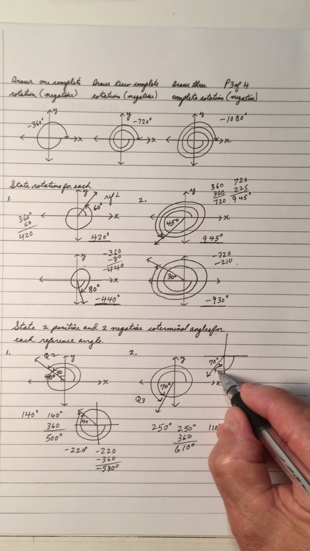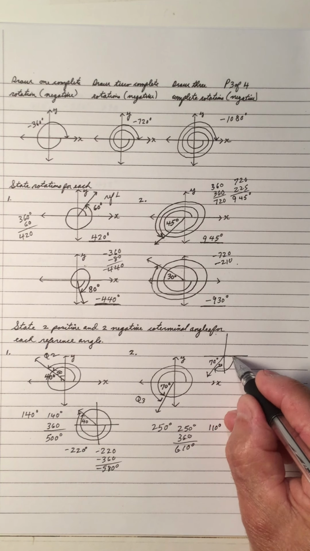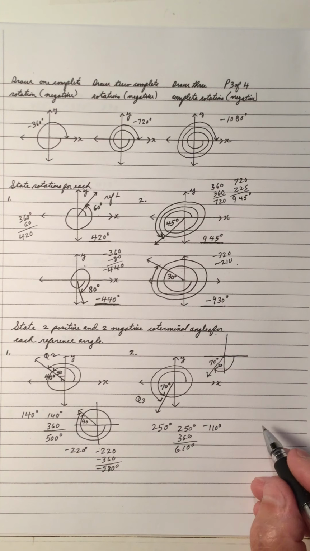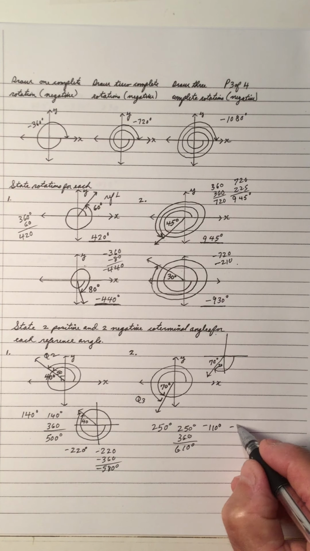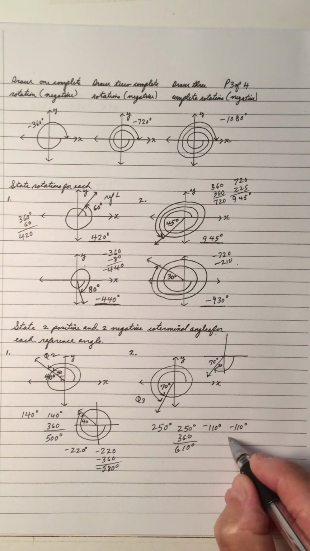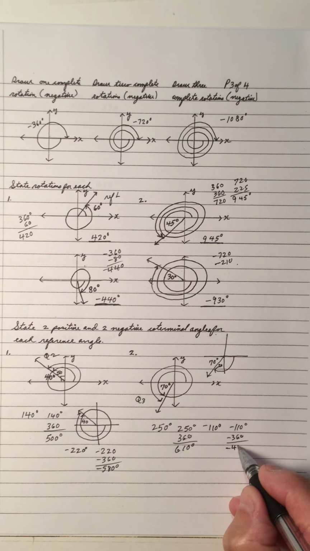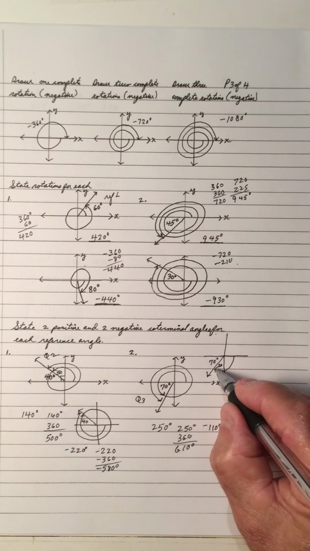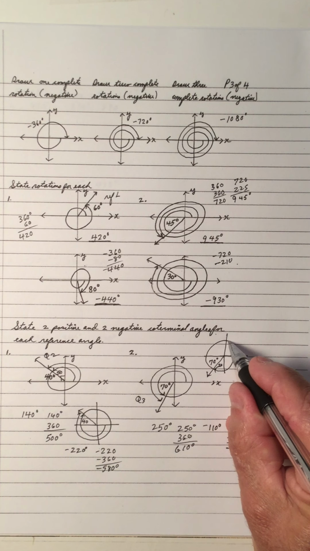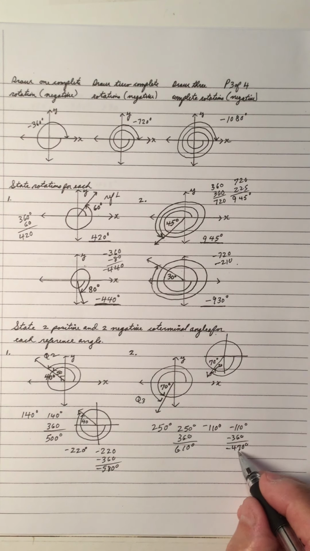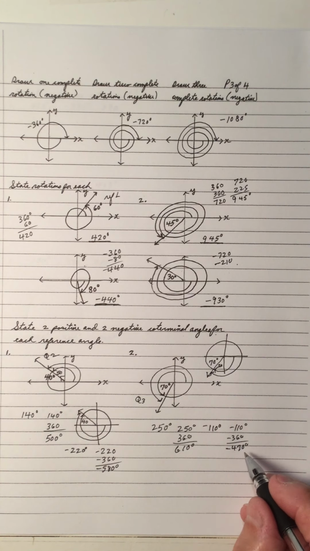Or we could say that's 180 right here, take off 70 gives you 110. So it's negative. And we take the negative 110 and we go negative 360. We get a negative 470 degrees. So we keep going. We come right back again. So we got negative 470.